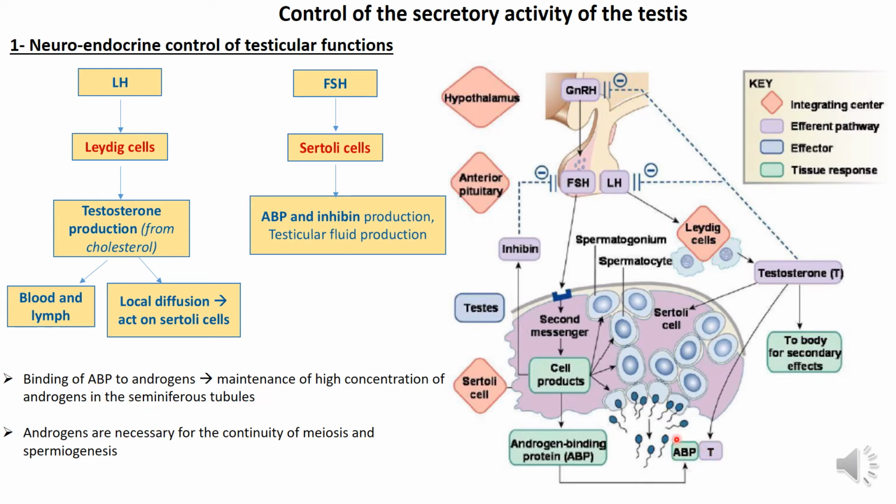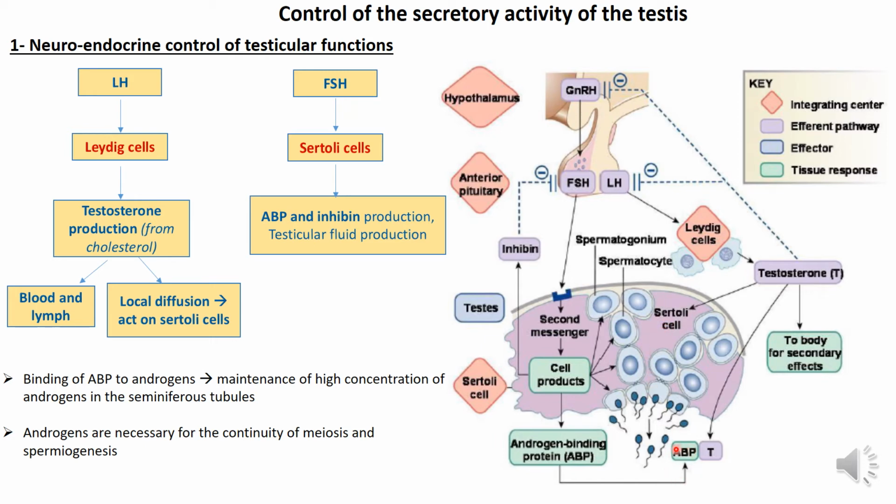This ABP will bind testosterone in the Sertoli cells, and not only testosterone but also DHT, because the Sertoli cells can convert testosterone to DHT.